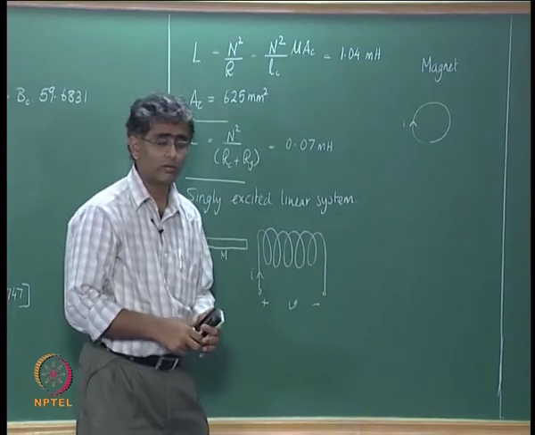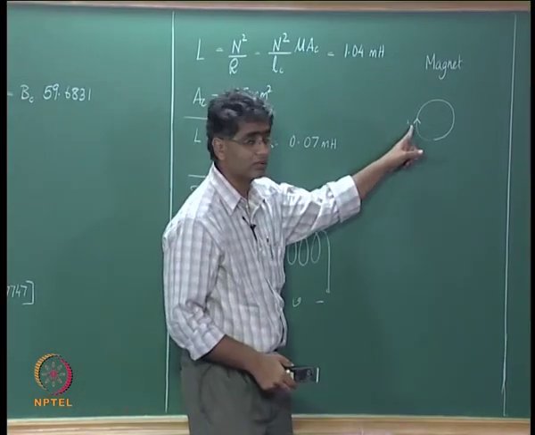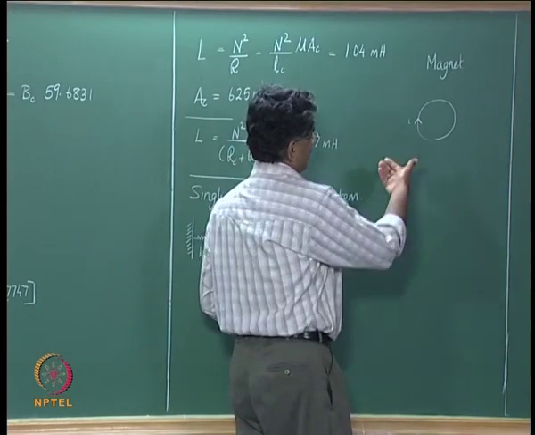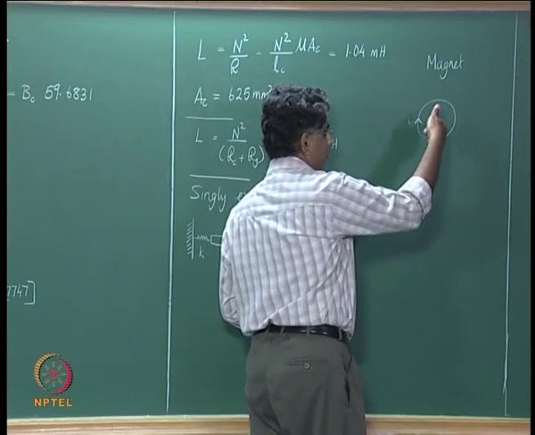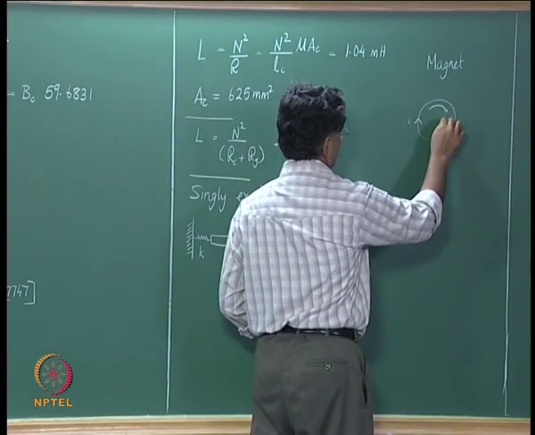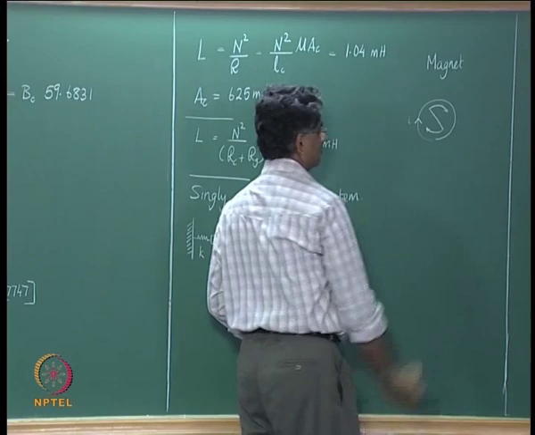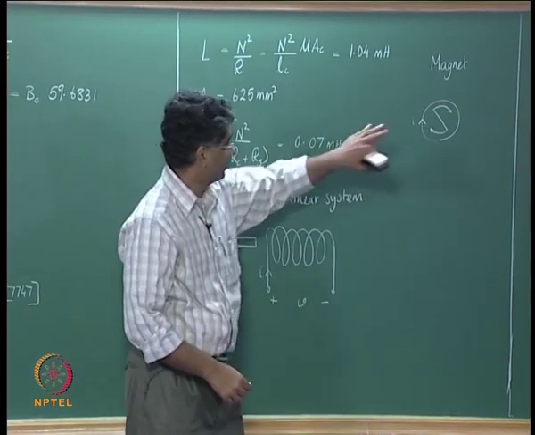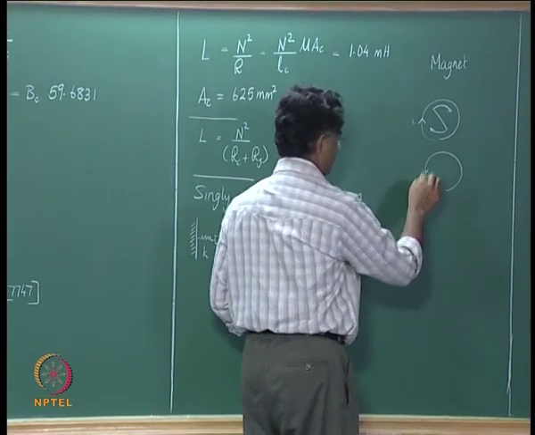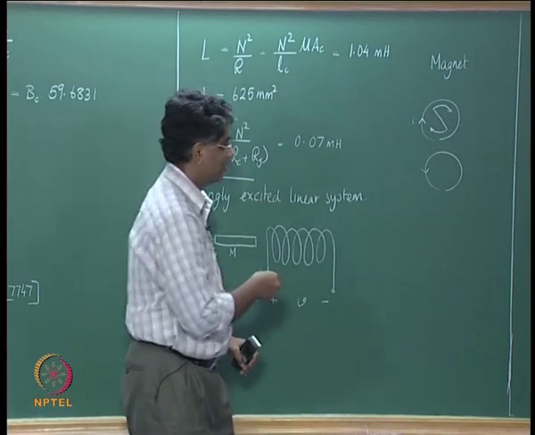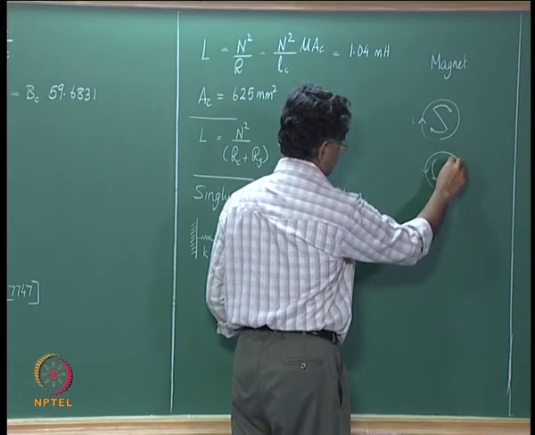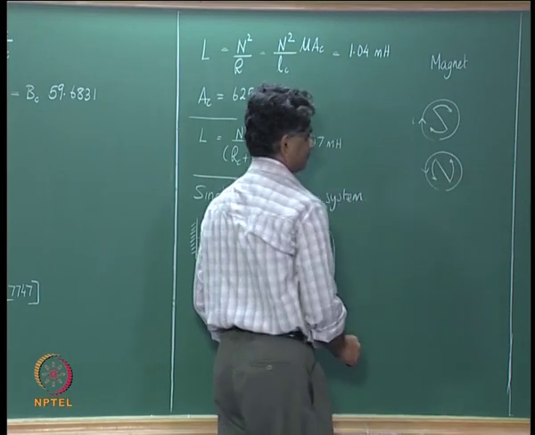So you are going to generate a magnetic field. If this current is going to flow this way then you effectively have flux lines that would be going into the board, which means that this is going to look like a south pole from this side. On the other hand, if you have a wire loop through which current was flowing in the other direction, then flux lines would come out of the plane of the board and this would look like a north pole.